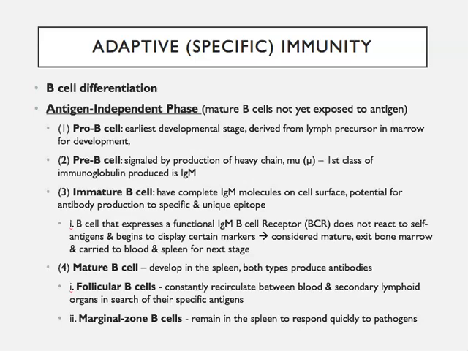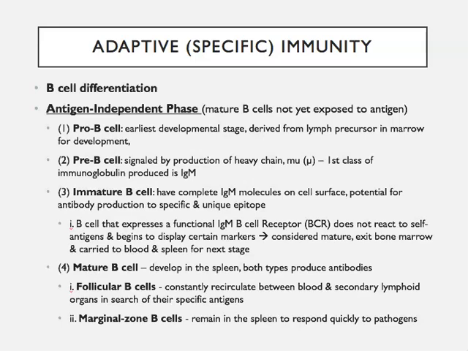Cells receive signals that induce expression of transcription factors, which are proteins that control the expression of different genes. Then you've got the pre-B cell, which is signaled by the production of heavy chain mu, which is the first class of immunoglobulin produced, IgM.